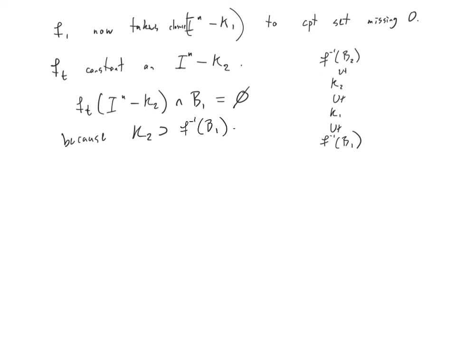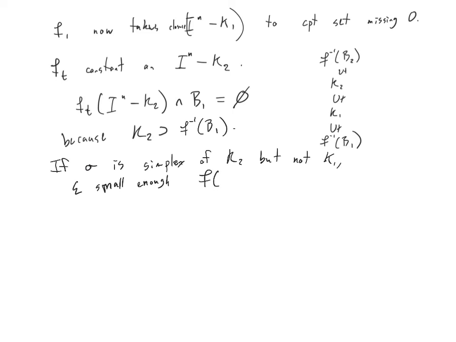And then if we're in between K2 and K1, if we're in our little buffer zone, so if sigma is a simplex of K2 but not K1, we know by granularity of epsilon that F sigma fits inside of a ball of radius 1/2.